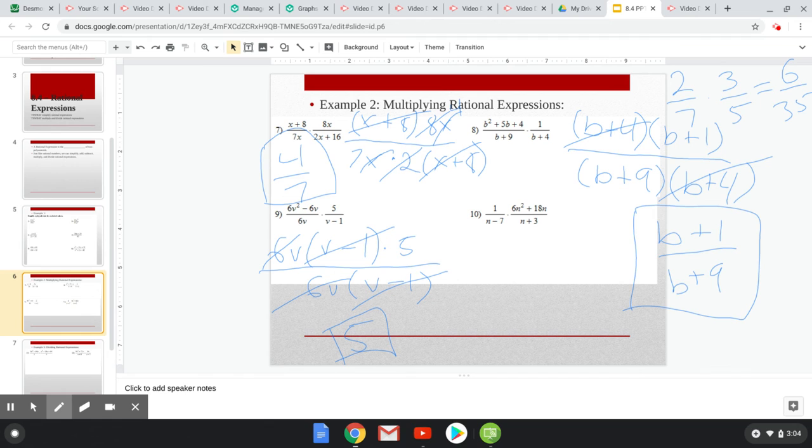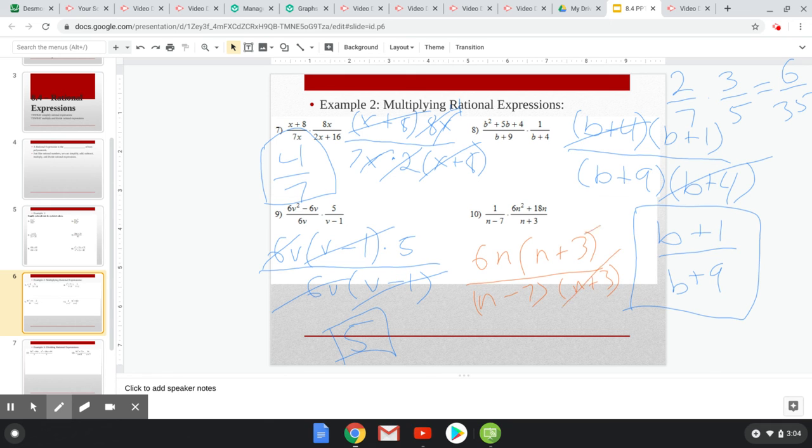All right. Then for number 10, I'm going to change color so that you can still see. In the numerator, I'm going to factor out a 6n. So I get n plus 3. In the denominator, I have n minus 7, n plus 3.